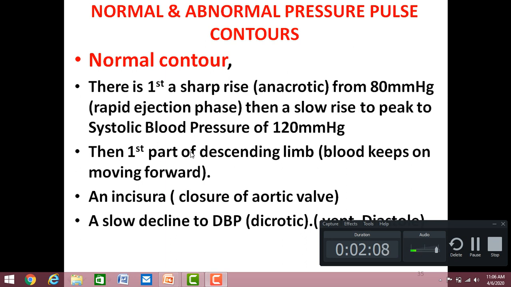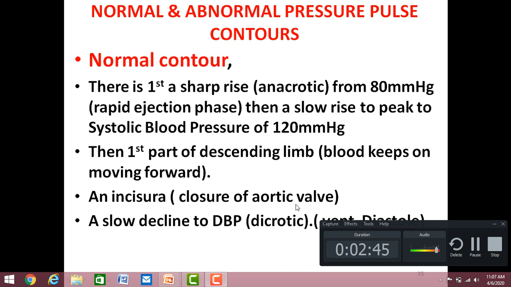Then the second part of this normal contour is the descending limb, and the first part of the descending limb is when the blood keeps on moving onward in the arteries, although there is no entry of blood from behind from the left ventricle. Now this descending limb is interrupted by another very interesting process called the incisura, and this happens because of the closure of the aortic valve.